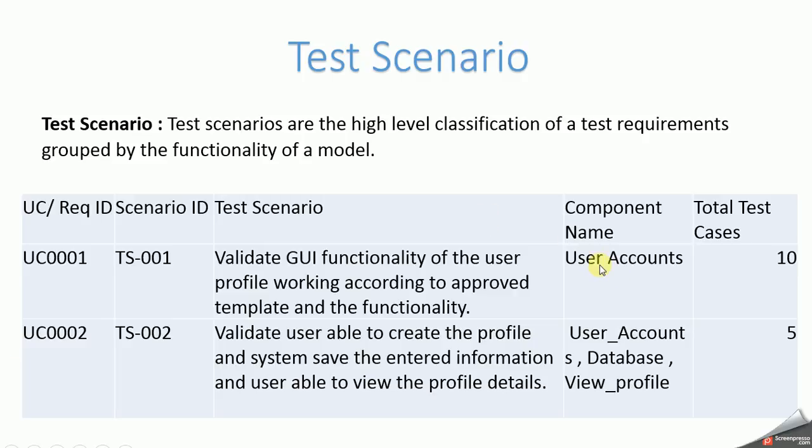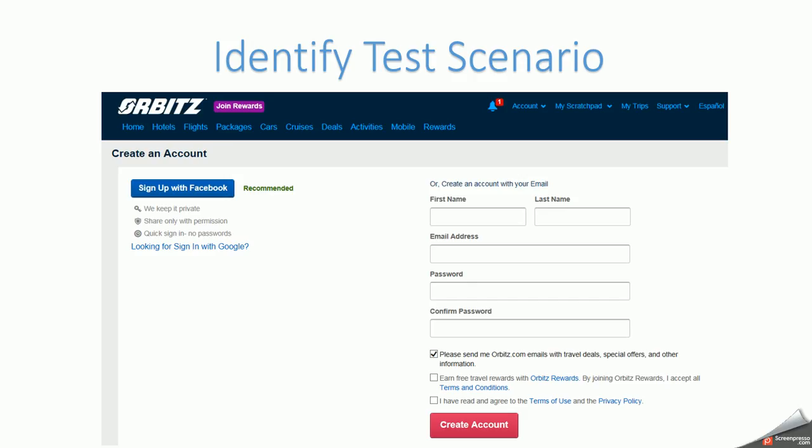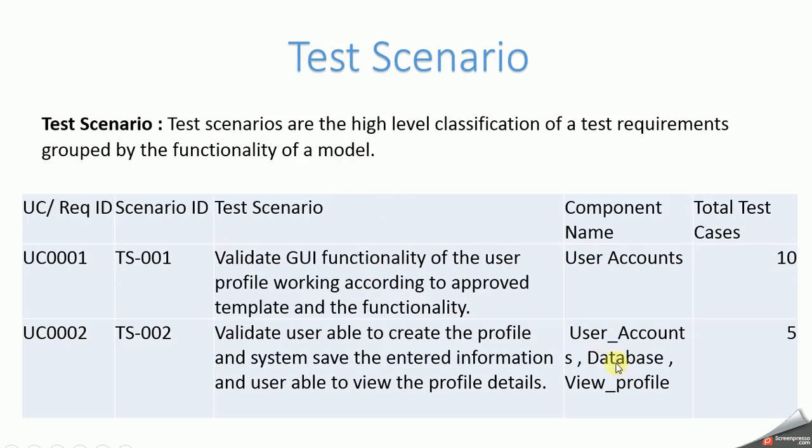So what components do we need to include in this scenario? First we have to make sure of the component named user accounts, and then user account and database and view profile.